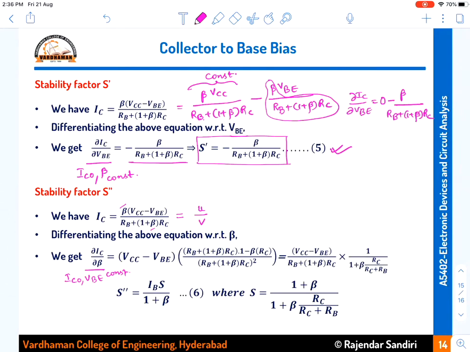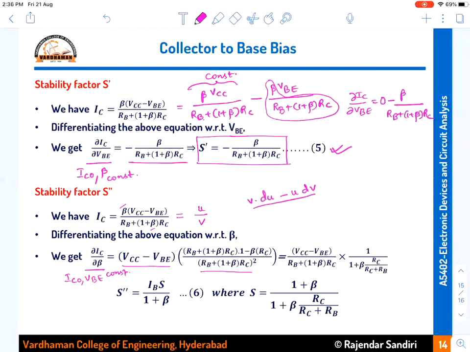How do you do that? VCC minus VBE is constant, so I keep the constant apart. The remaining term is beta by RB plus 1 plus beta into RC. Now if you apply the u by v formula, the denominator is v square, so I get RB plus 1 plus beta into RC whole square. The numerator will be v into differentiation of u minus u into differentiation of v.